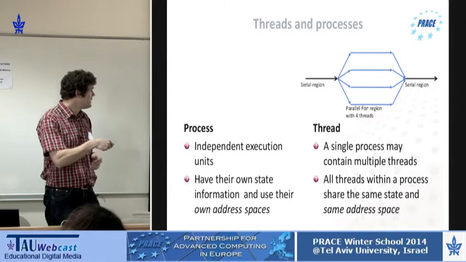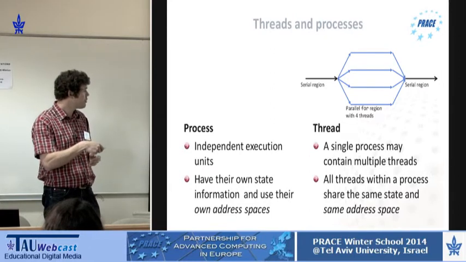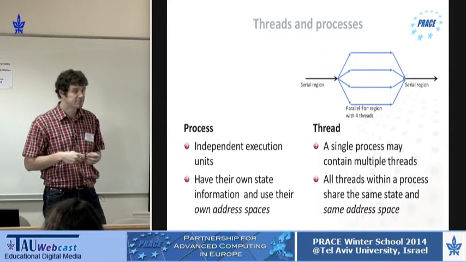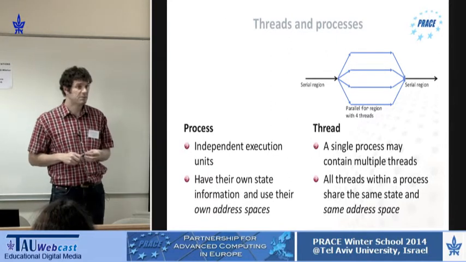So I meant that the distinguishing thing between a process and a thread is that processes have their own address space, while all the threads, in principle, share the same address space.